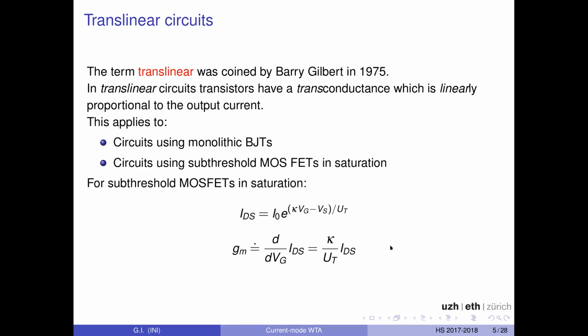Now, if we go back to this equation here, you can see it. If the sum of the VGSs, or even just one VGS, is equal to 0, the exponential becomes 1, so the output current is just equal to I0.